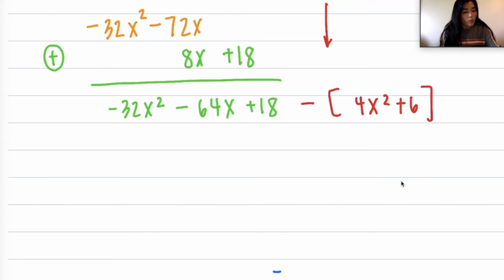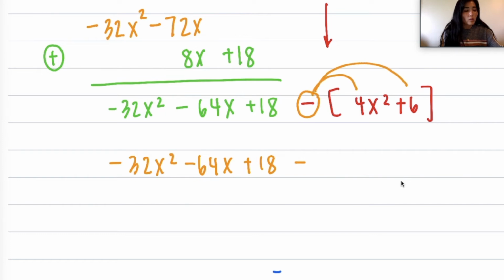And so a problem like this, I would keep the first part the same. Negative 32x squared minus 64x plus 18. But then again, remember this minus sign is getting distributed to both terms. So it's going to be minus 4x squared and then minus 6.